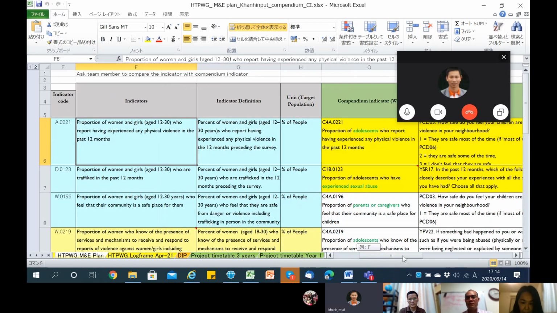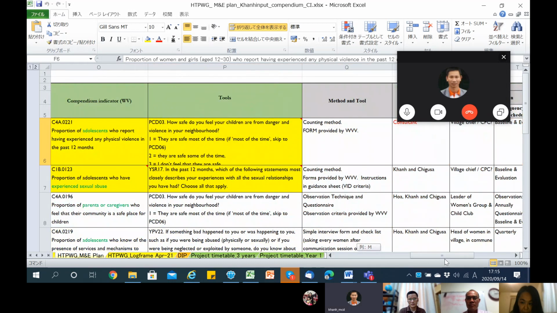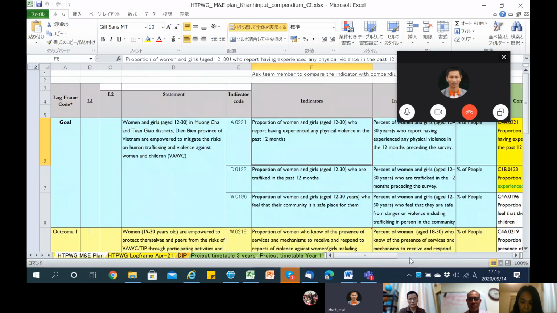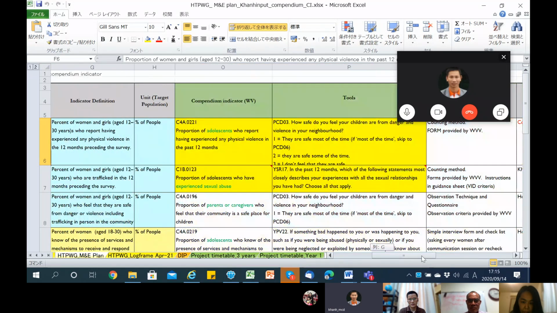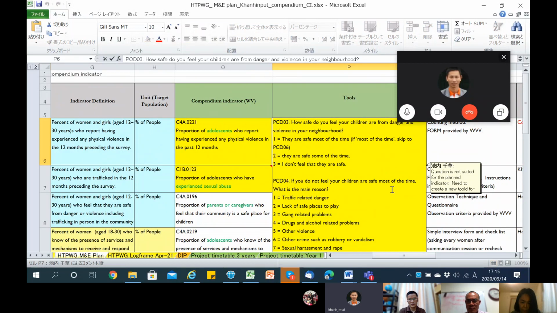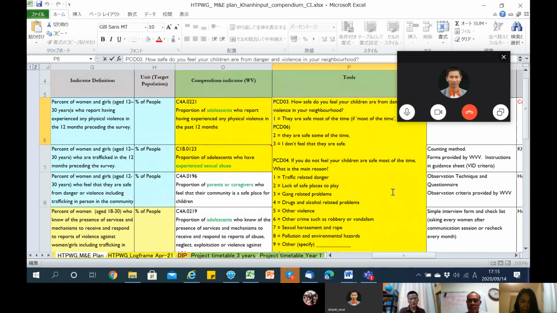I think we can look at the tool we have, because normally the questionnaire already includes that. So you have the questionnaire there. Yeah, but I don't think this question is suited for this indicator.